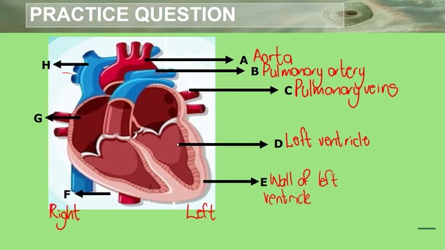And then moving to G, we know that a vessel that leads to the right atrium is called the vena cava.